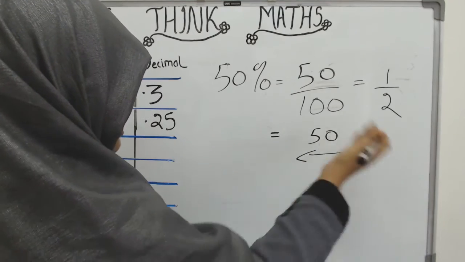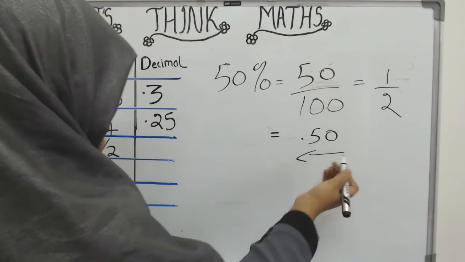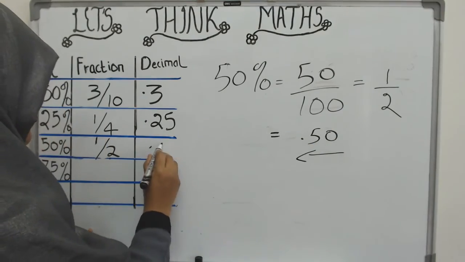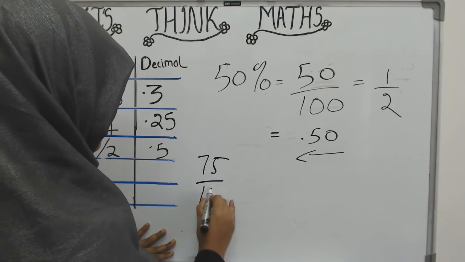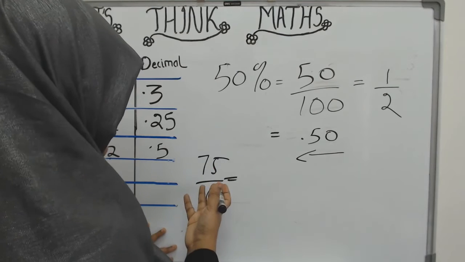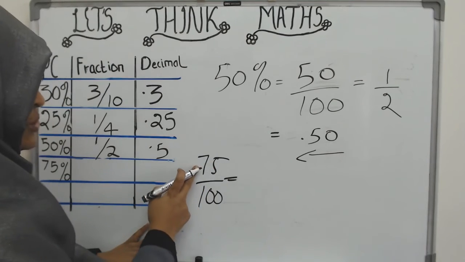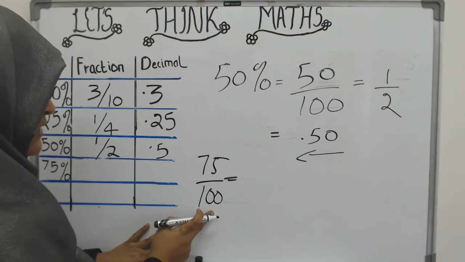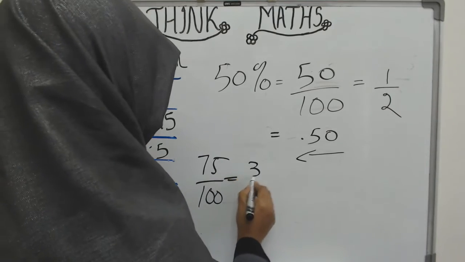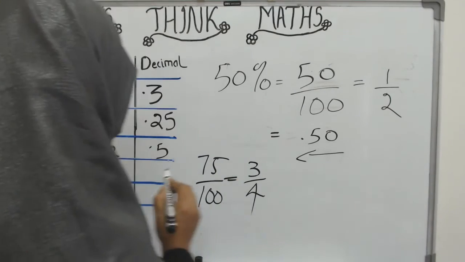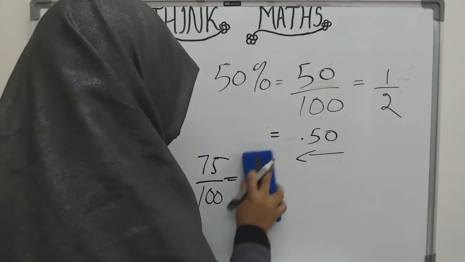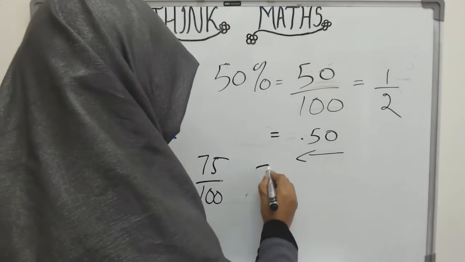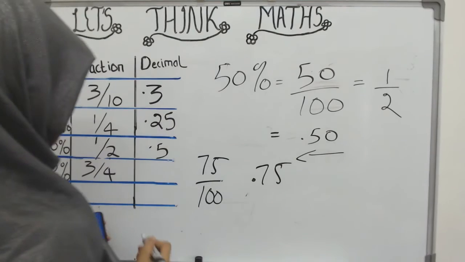Go back 2 places. 0.50, which is the same as 0.5. Now, what is 75 by 100? Both 75 and 100 come in the 25 table. 25 into 3 is 75. 25 into 4 is 100. So this answer is the same as 3 by 4. Again, how do you make it into a decimal? Easy. It is 0.75.